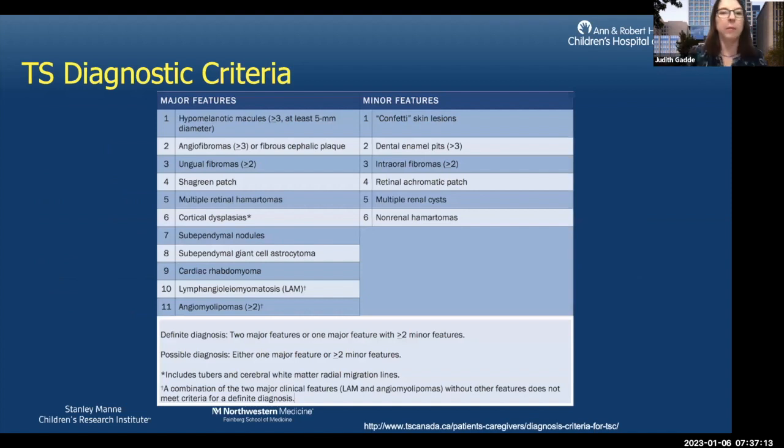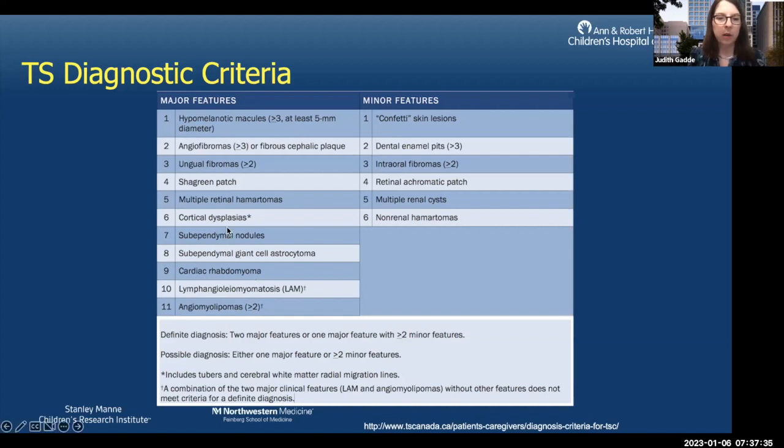So just so you've heard of this, there are diagnostic criteria from the clinical perspective of tuberous sclerosis. We of course are not going to see all of these on imaging, and a lot of these things are not CNS related, but just so you've seen them because you might run across them.